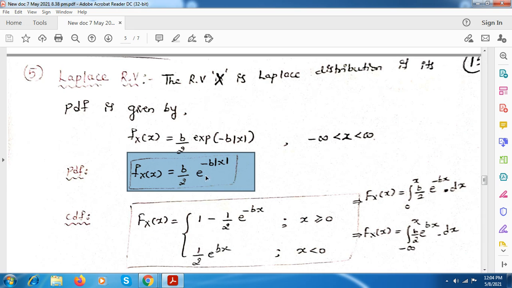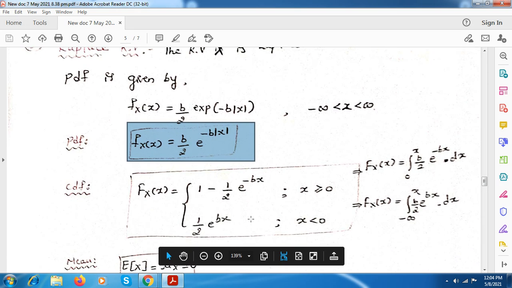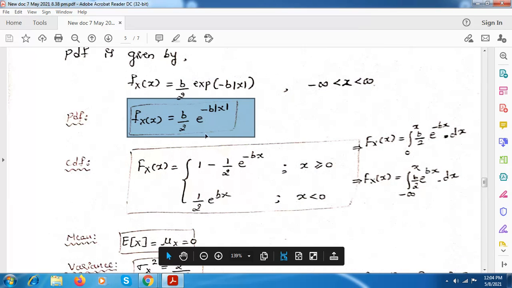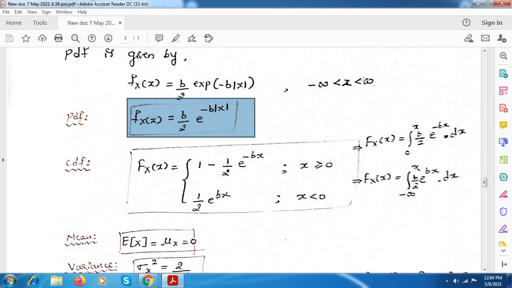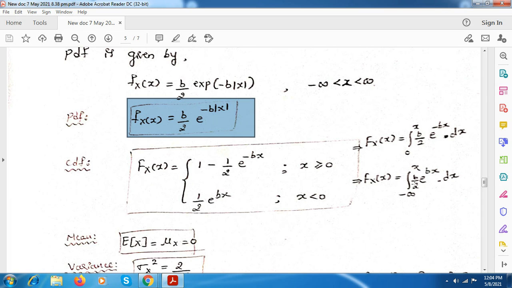Here x is the random variable, and the CDF is nothing but the integration of this PDF. Here it is varying from minus infinity to infinity. So for x values less than 0, you can integrate from minus infinity to x, and here you put b by 2 into e to the power of b into x.